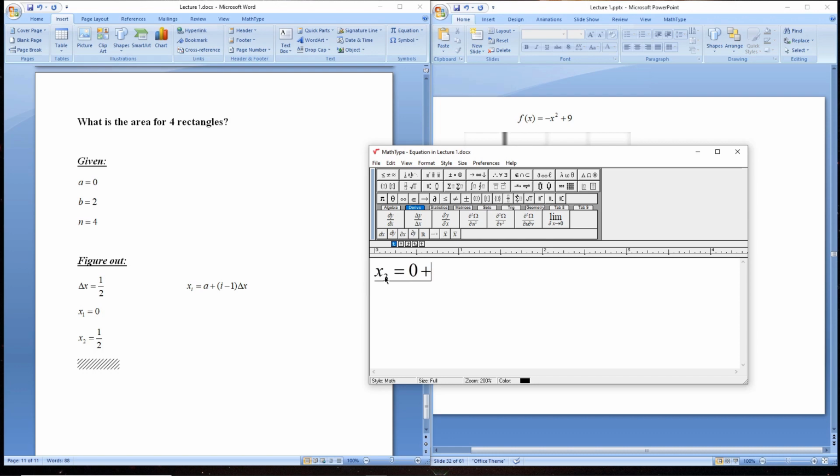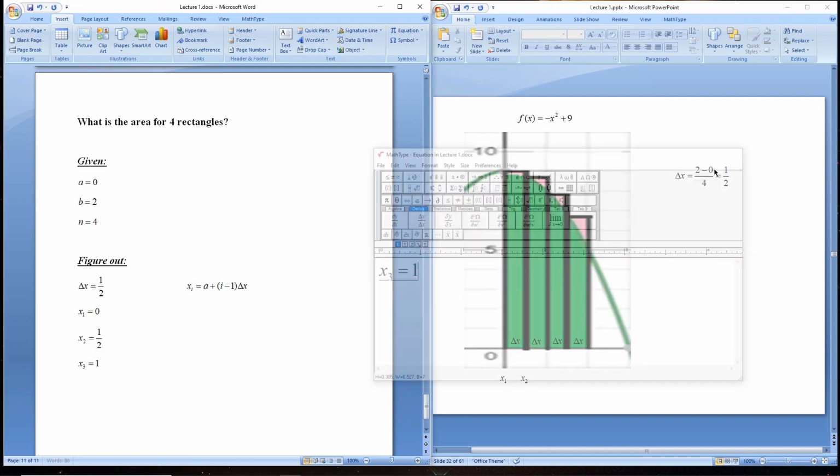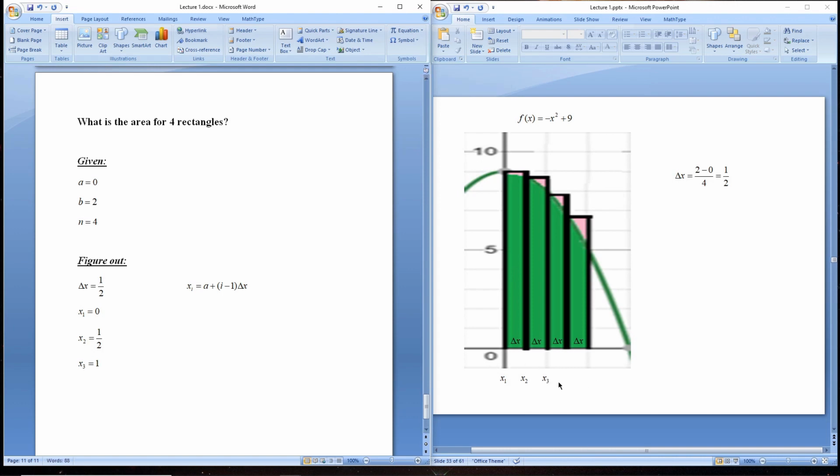Now in this case, I is now 3. So 3 minus 1 gets us a 2 times delta x. Now delta x, we know what that is. It's a half. So we have 0, which we can just erase out of there, and 2 times a half, which is 1. And that is our x3 position. x3 is at 1.